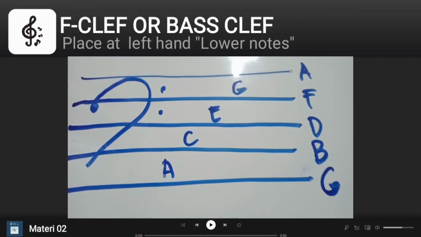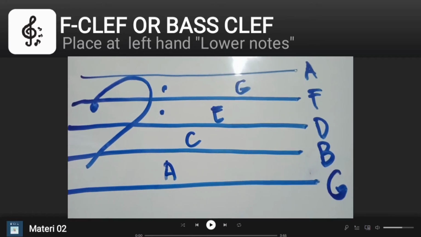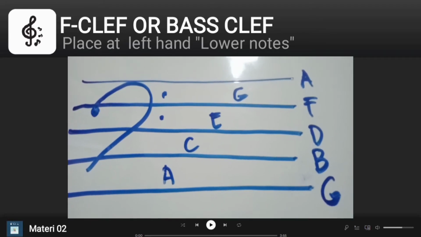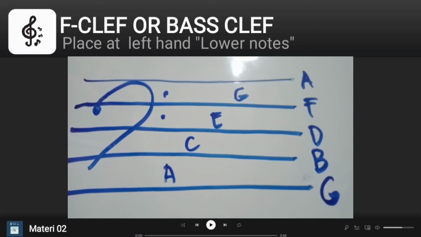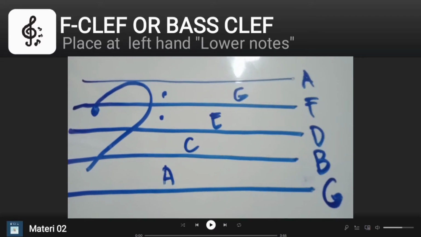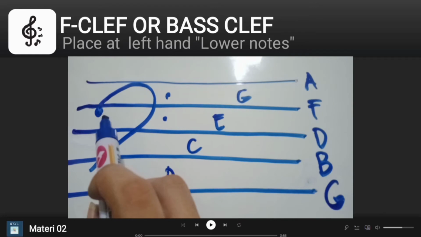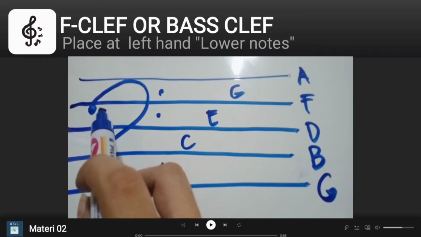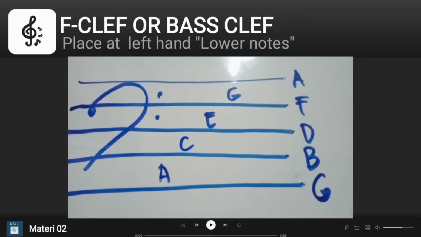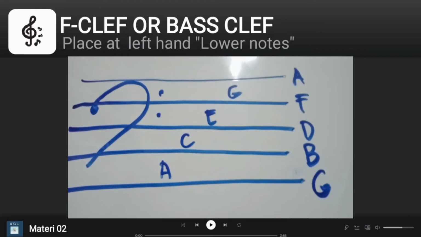So, parang kanina sa G clef, yung hook niya is makikita na naka-wrap sa pitch name G sa second line. Pero ito naman is sa pitch name F. So, makikita natin itong hook niya is wrap sa pitch name F sa fourth line, which is F. So, kaya siya tinawag na F clef.